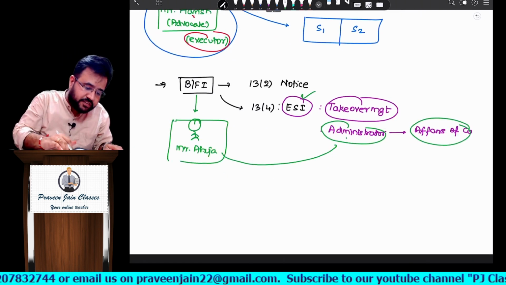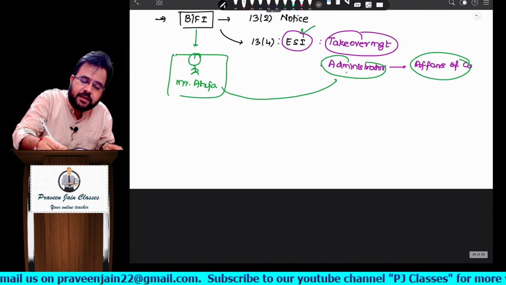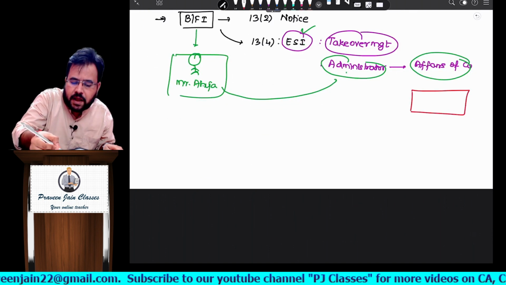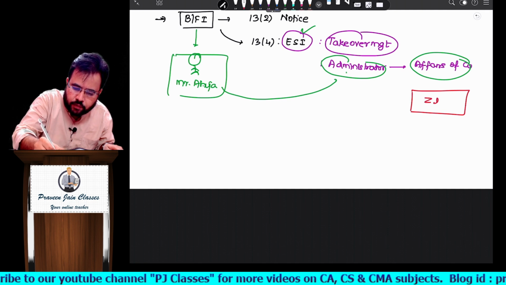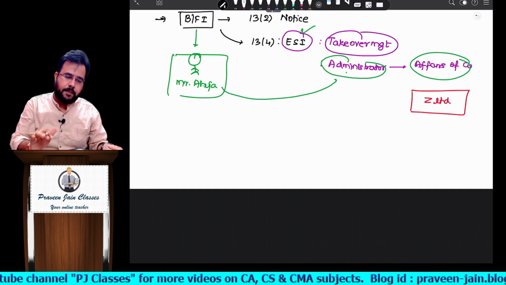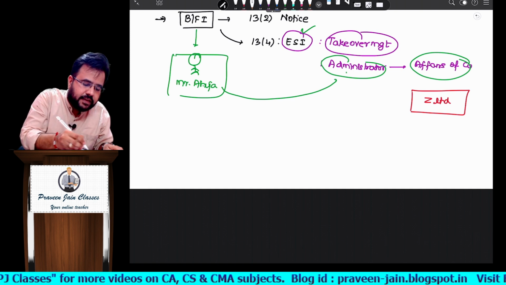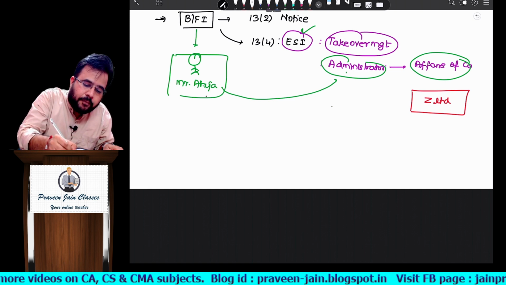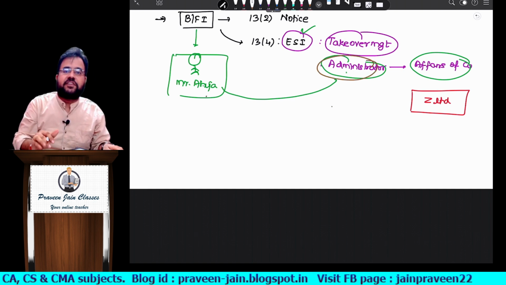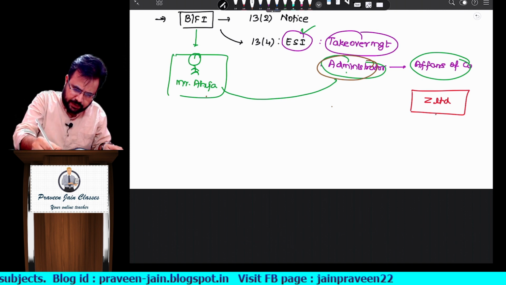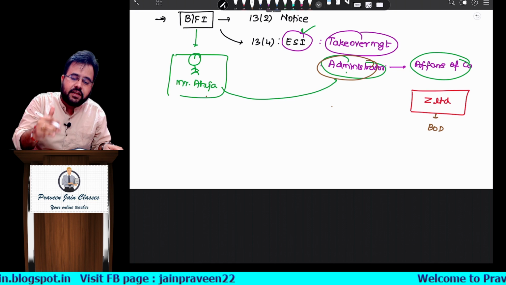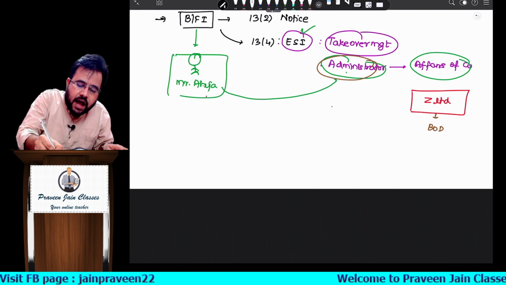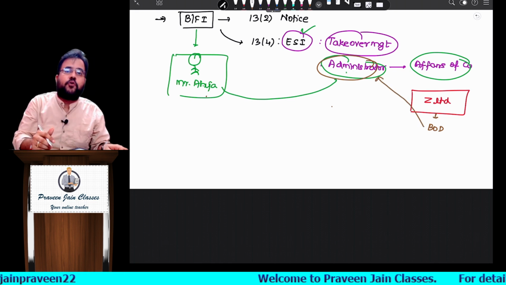Okay. Now, which company they are talking about, sir? Say for example, the company could be Z Limited, sir. Okay. So Z Limited is one company, sir. So today, can I say Mr. Ahuja is appointed as an administrator for which company? Z Limited, sir. So it means what? Today, any decision the board of directors has to take, sir, that decision will not be final unless it is approved by whom, sir?